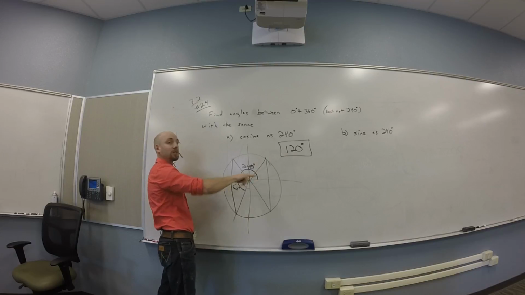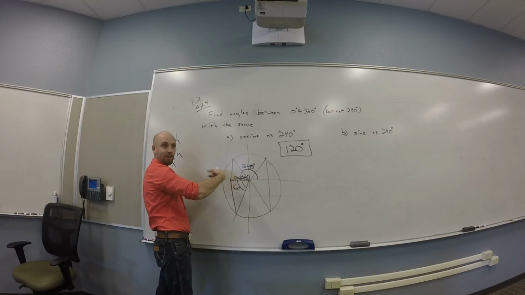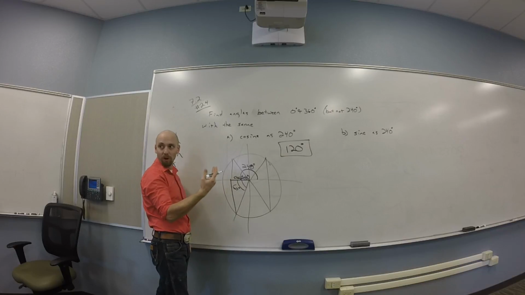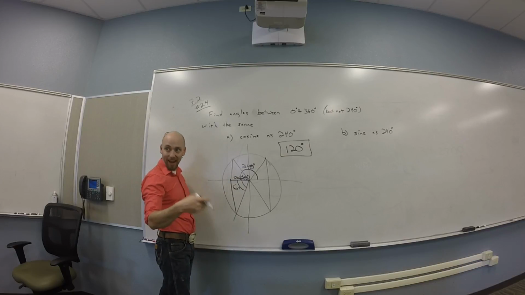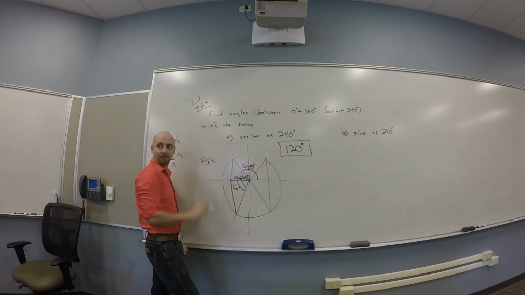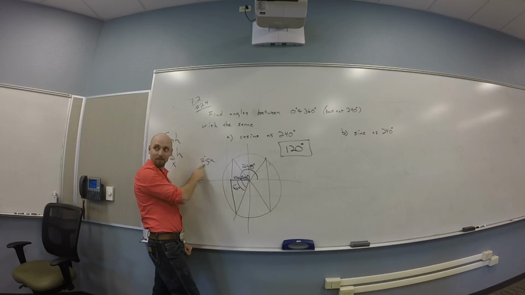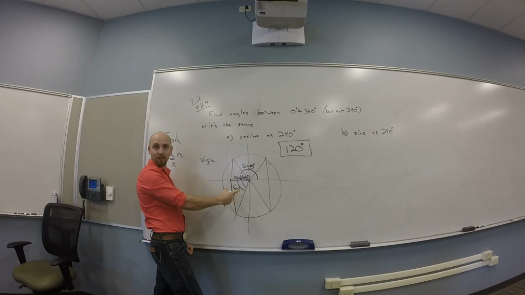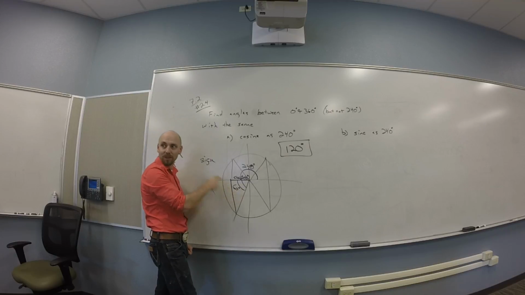But here the cosine is positive, and here the cosine is negative. So there's only one other one with the same sine. There's only one angle with this same sine and the same length. There are several with the same length, but on the opposite side, this side, not the other.